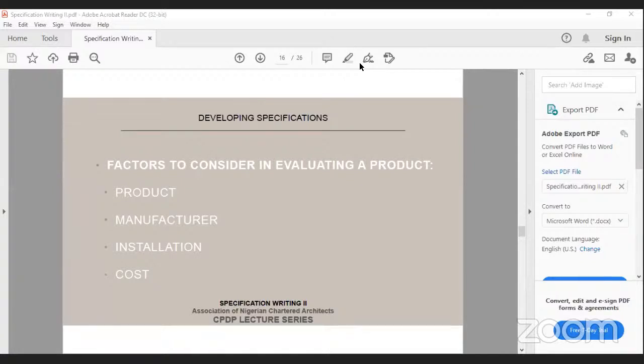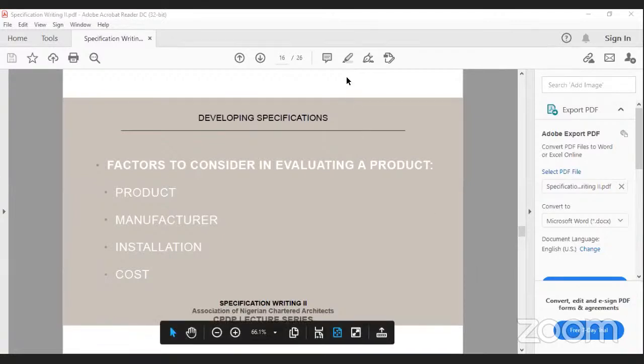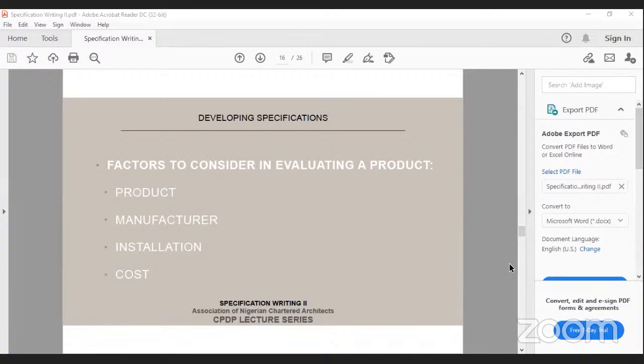Then you want to consider the availability of skilled workers and also the complexity of installation. Are these products that you need the equivalent of a PhD to be able to install? Or are they products that almost anybody can understand the installation process and it will still work out fine?